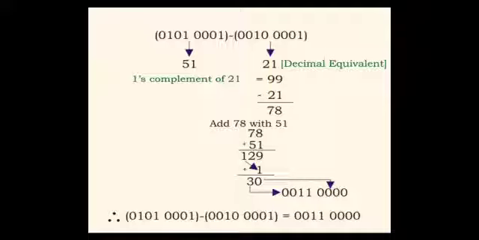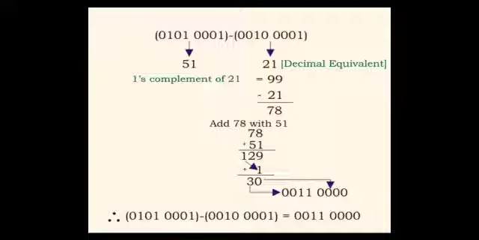In this case, we are going to apply the complement to 21, that is the subtrahend value. Here we are using the 9's complement, so I can represent 99 minus 21. We got the answer 78, and adding 78 with 51, we get the result 129. Here we can ignore the 1.